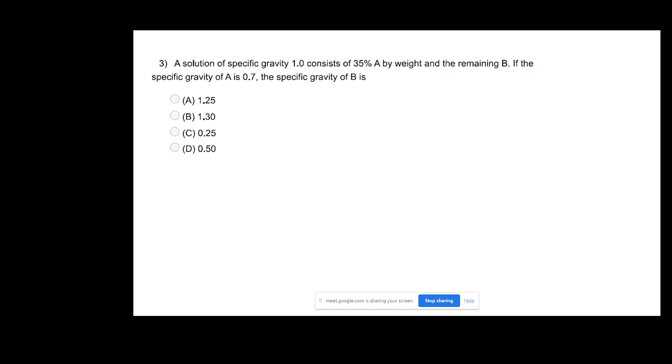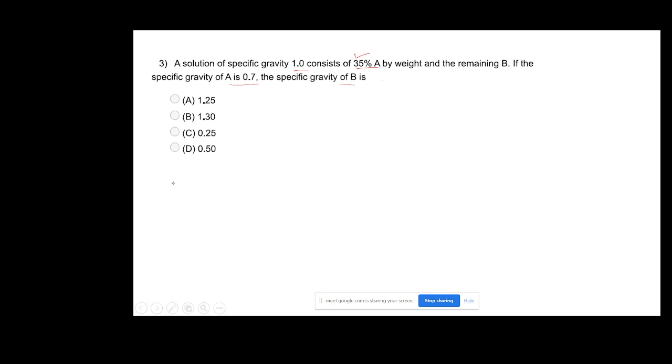Next question. A solution of specific gravity 1 consists of A at 35 weight percent and the remaining is B. The specific gravity of A is 0.7 and the specific gravity of B is dash.